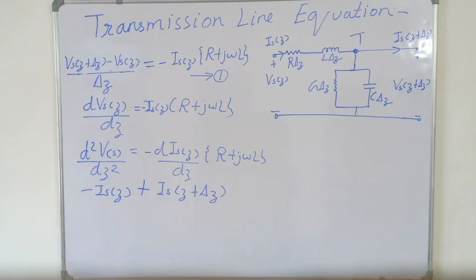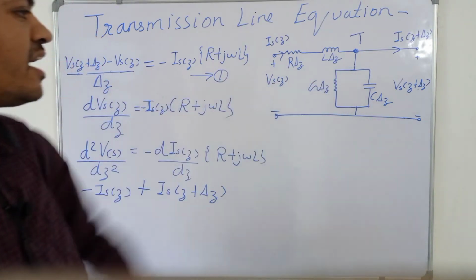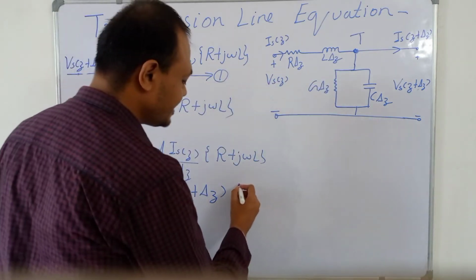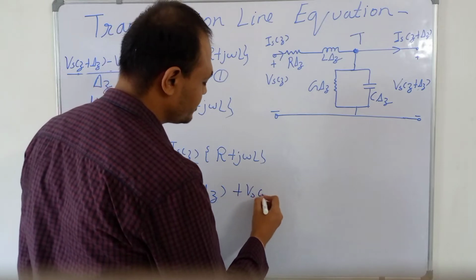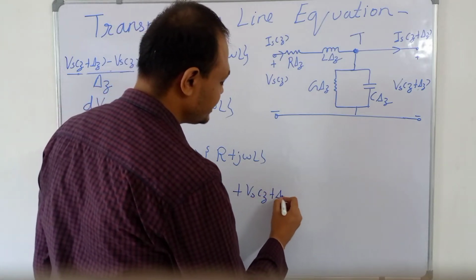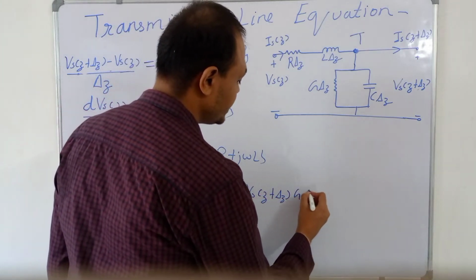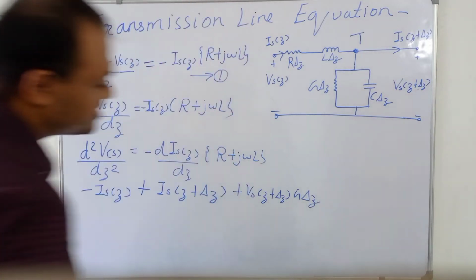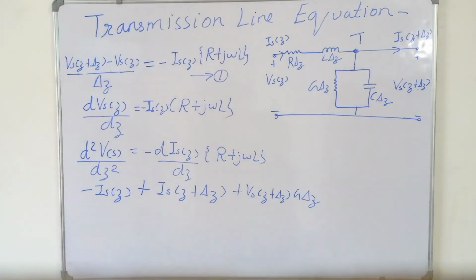Then we have another outgoing current, Vs. This is another outgoing current, so it can be written as plus Vs of z plus delta z into G delta z. This is the third outgoing current.